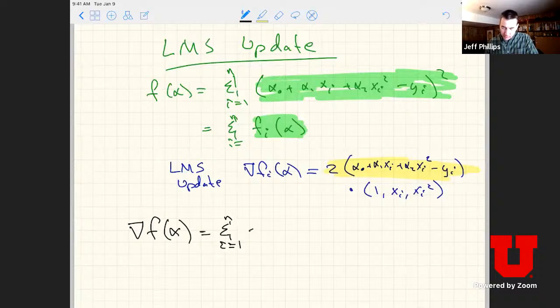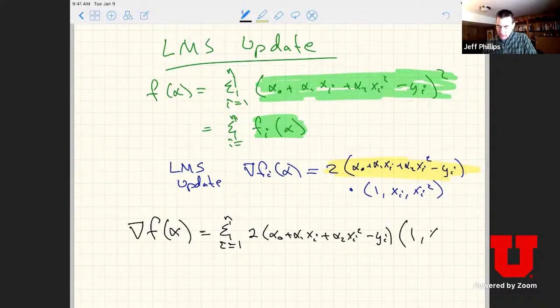It's going to be 2 times alpha 0 plus alpha 1 xi plus alpha 2 xi squared minus yi. And that's a scalar times the vector 1, xi, xi squared.